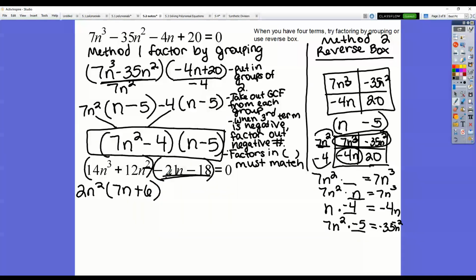So when the third term's negative, you have to factor out a negative number. And the greatest common factor of 21 and negative 18 is negative 3. And remember, guys, if you are terrible with greatest common factor, the calculator can find that for you if you need it. So, calculator trick.